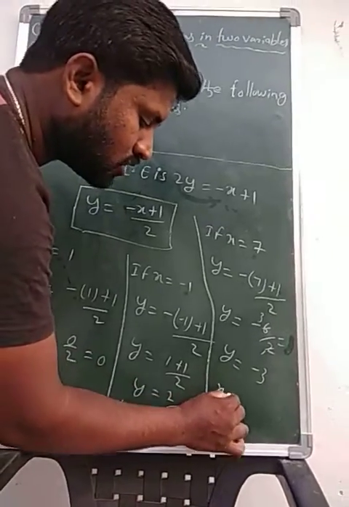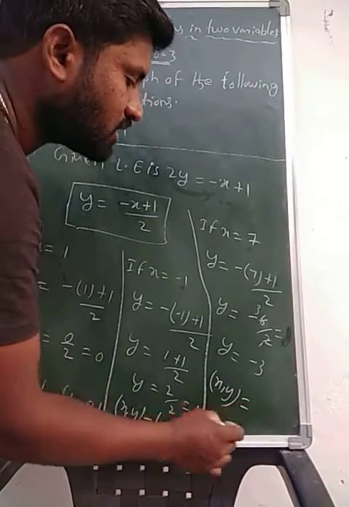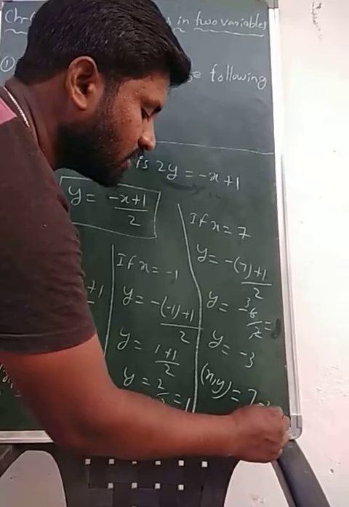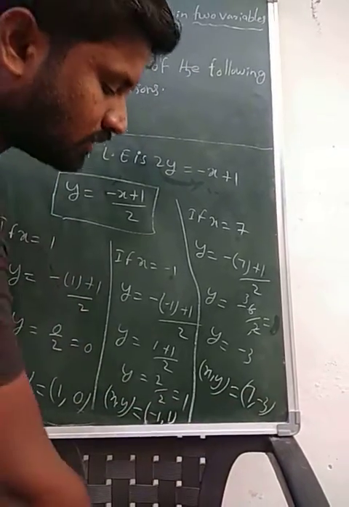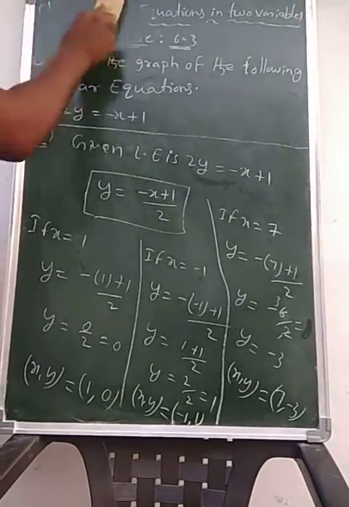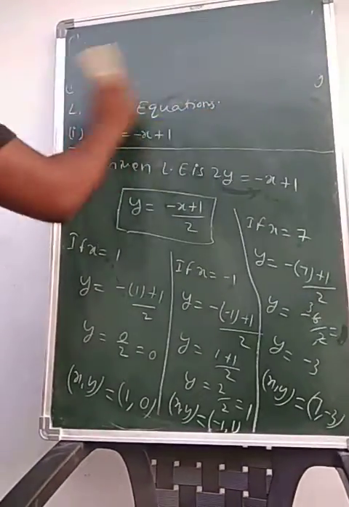We get another solution: (x, y) = (7, -3). Okay, so like that only, you find two more solutions.